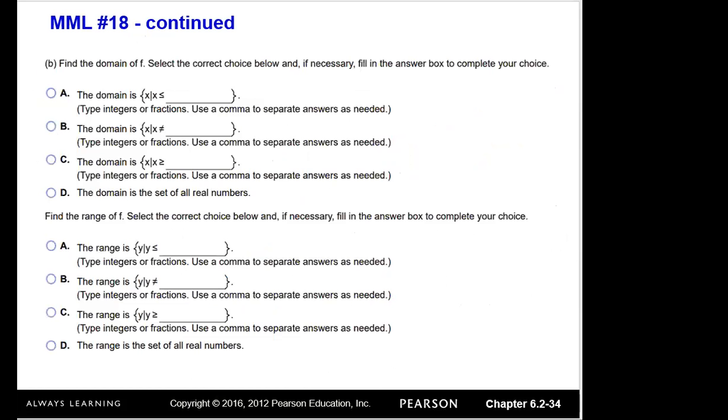So now they're going to ask you, find the domain of f. And to refresh your memory, the function f was f of x equaled 2x over 3x minus 1. Okay.